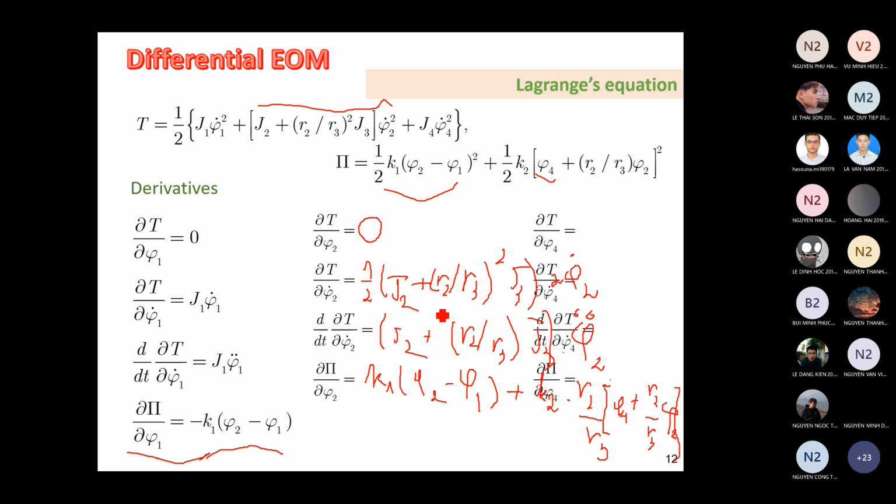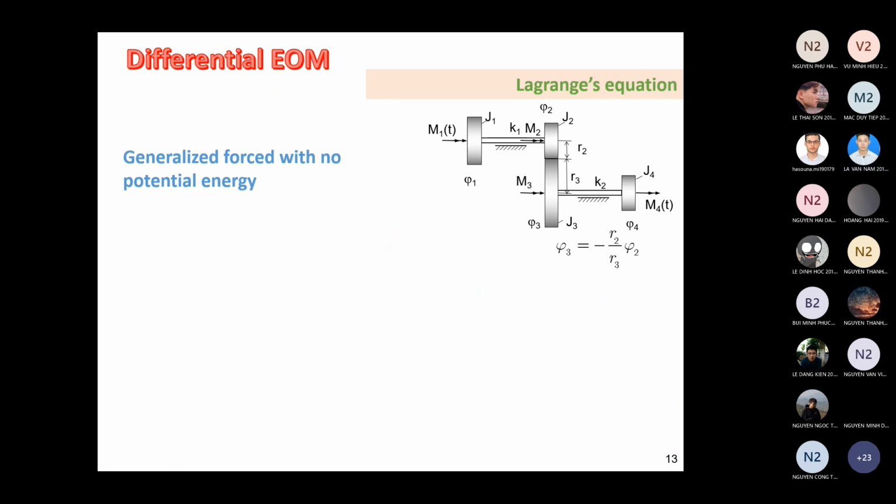Okay, move on with the phi 4 coordinates. And you can see here that they have the generalized force applied to this system. That is M1 and M4, and also M2 and M3, which are called the damping force and damping moment.